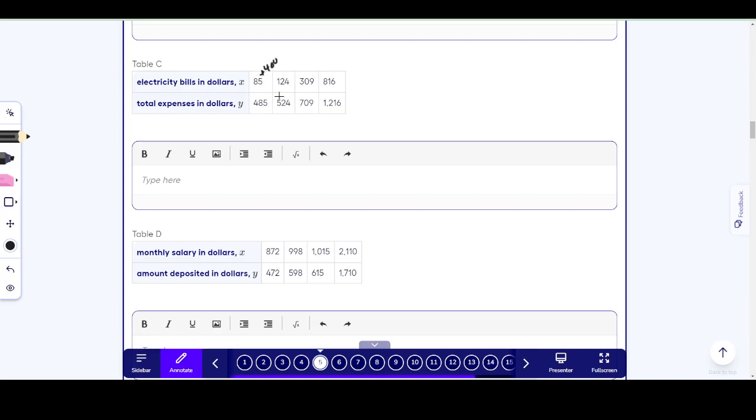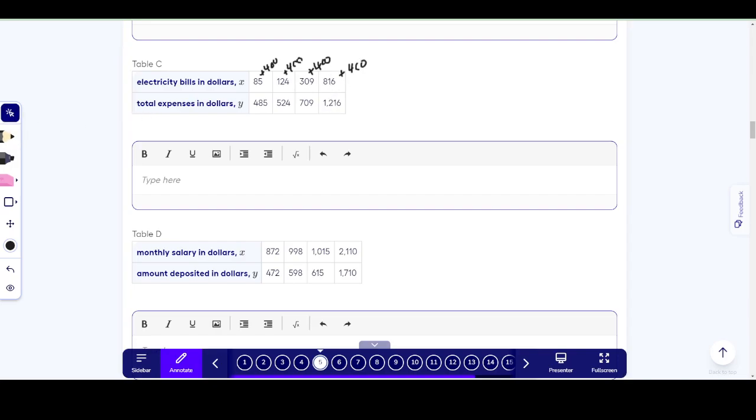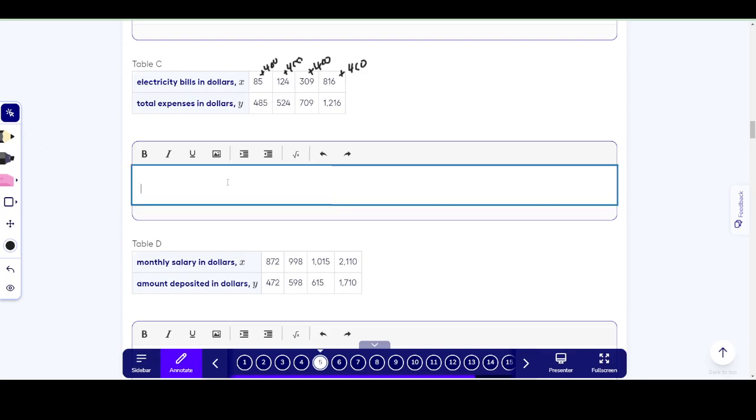Do we get the same thing here? We do. We add 400, that gives me 520. If we add 400 here, we get 709. And then we add 400 here, we get 1012. So it looks like to me that the total expenses can be found by adding 400 to the electricity bill.